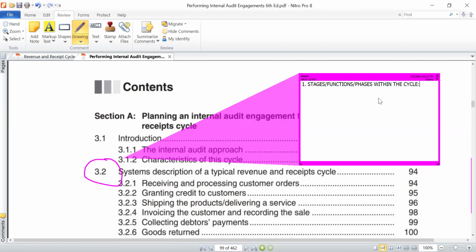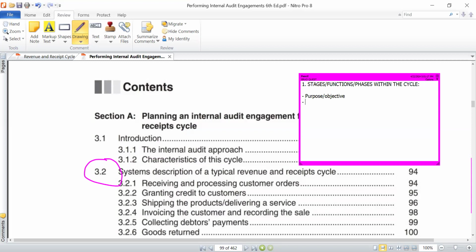How do you understand the stages, the functions, the phases within each one of those cycles? First of all, you should be able to define the purpose or the objective of each one of those respective stages or functions or phases within the revenue and receipt cycle.